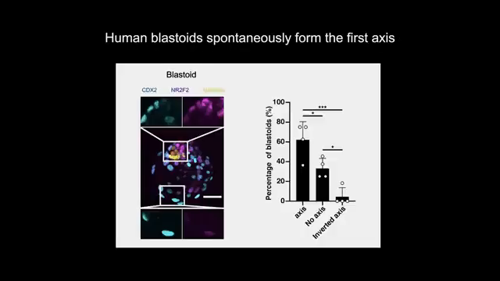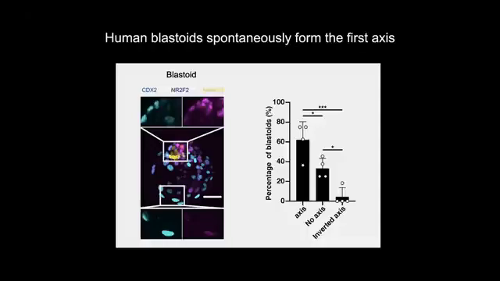This is suggesting that somehow the blastoids are forming spontaneously an axis. So we looked at this axis formation, and we observed that the majority of the blastoids, about 60% of them, are undergoing a process of trophoblast maturation in the polar region that is marked by the expression of the NR2F2 transcription factor, and by many other genes that we pulled down by RNA sequencing.